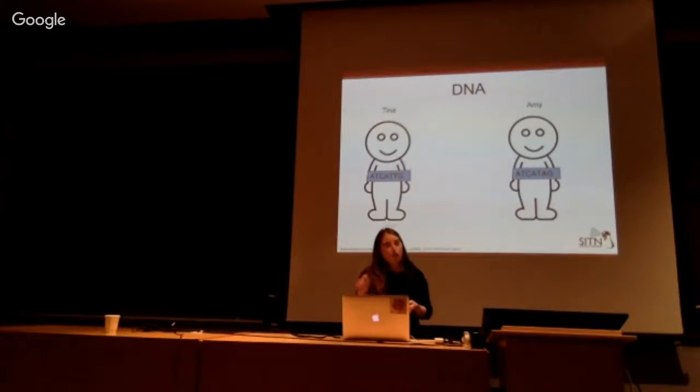She has almost the same DNA sequence, but where Tina has a T, Amy has an A. You can see the bolded red T in Tina is a bolded red A in Amy. So that's a single letter difference. We actually have a name for that difference. We call it a SNP. In this case, this would be a T to A SNP.